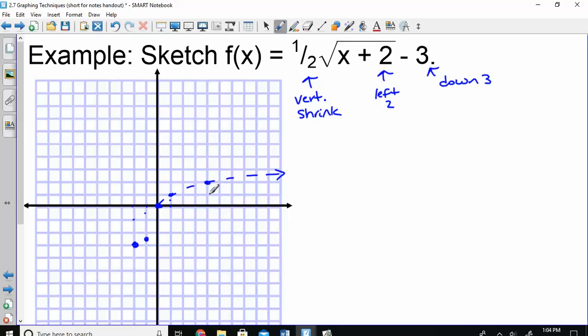Okay, my 4, 2. Y value is 2 times the half is 1. Left 2, down 3. So we get this flatter graph that's been moved down to the south.